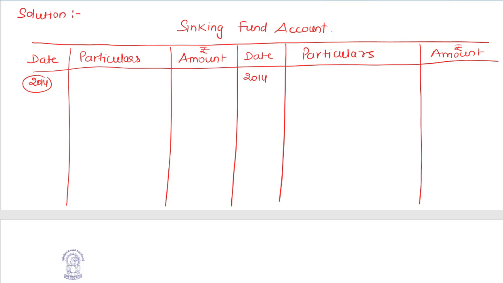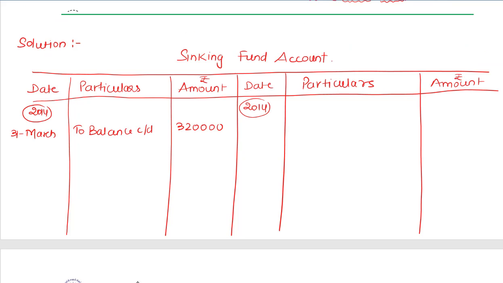On 31st March 2014, to balance carried down, 3,20,000.